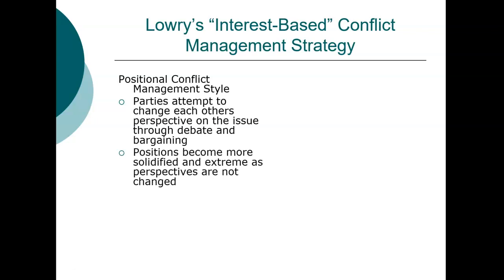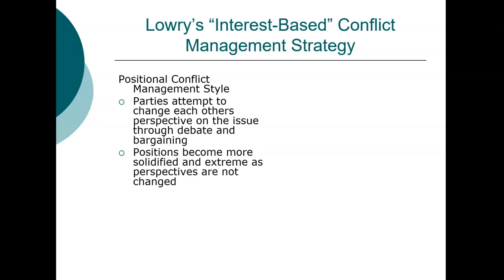Positions in this kind of style often become more solidified and extreme when perspectives are not changed. So different people say, well, you ought to see it this way, another person, you ought to see it this way, and they continue to perpetuate a demand that the issue is viewed in the way in which one party sees it.